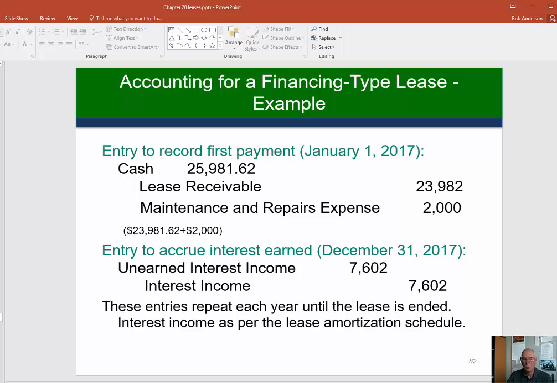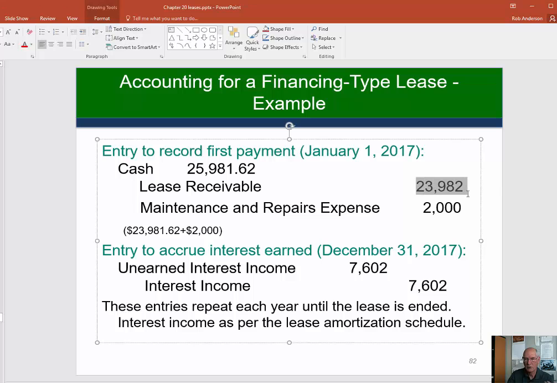Now, when we get our money, remember, the very first thing that happens is day one, we receive the first lease payment. So our lease receivable goes down. Now, I wouldn't worry too much about this. Remember, there was $2,000 for maintenance and repair expense.